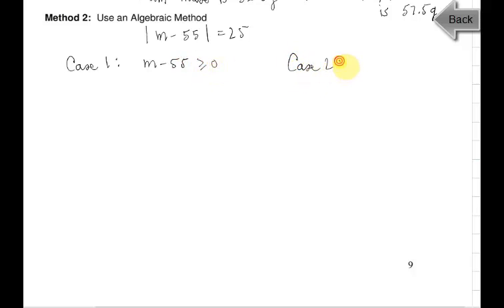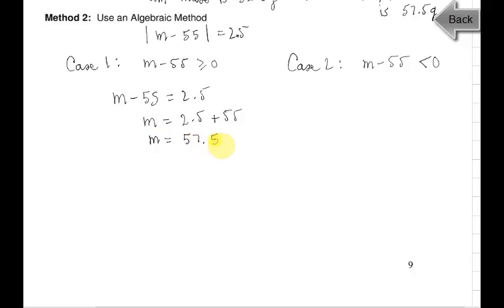And case 2, where m minus 55 is less than 0 or negative. Okay, so we will start by going m minus 55 is equal to 2.5. Solve for m, and you're going to get 2.5 plus 55. So m is equal to 57.5.